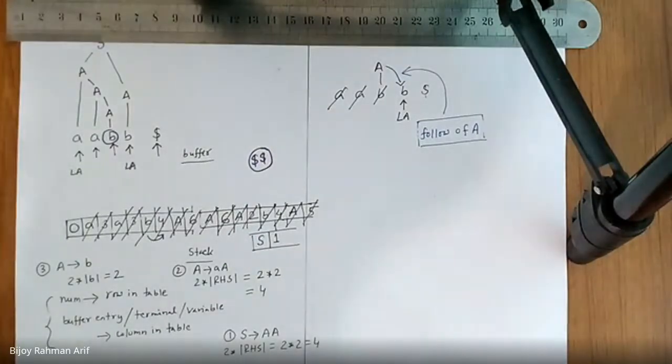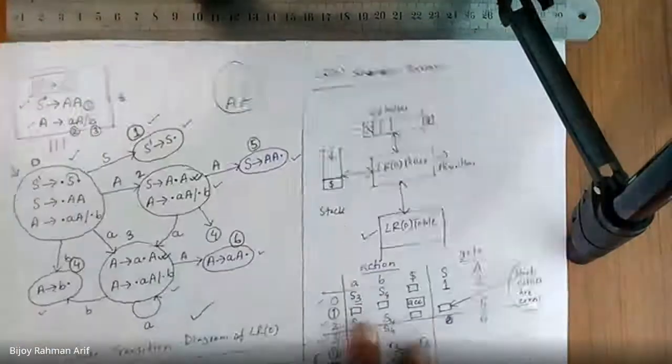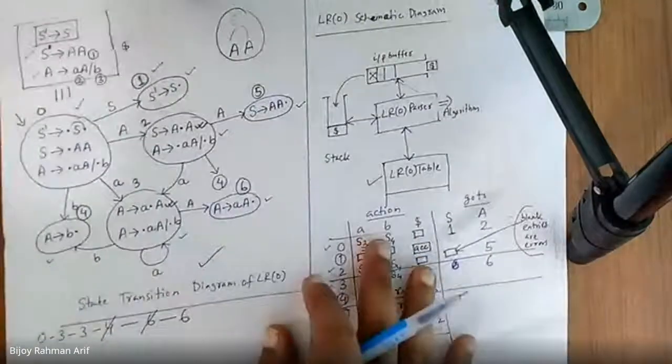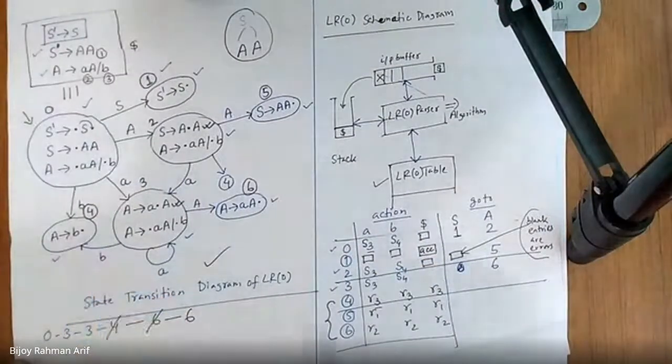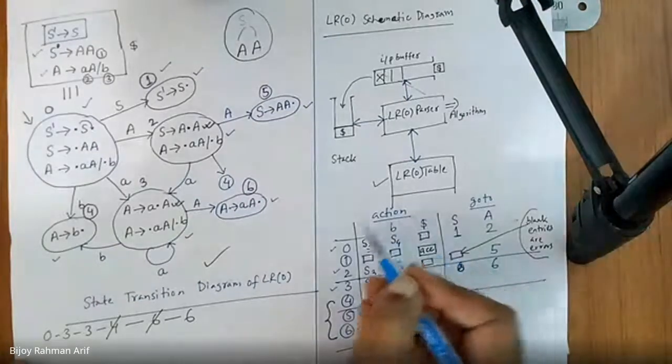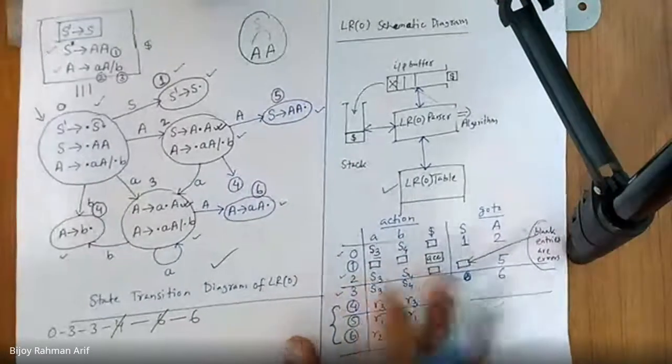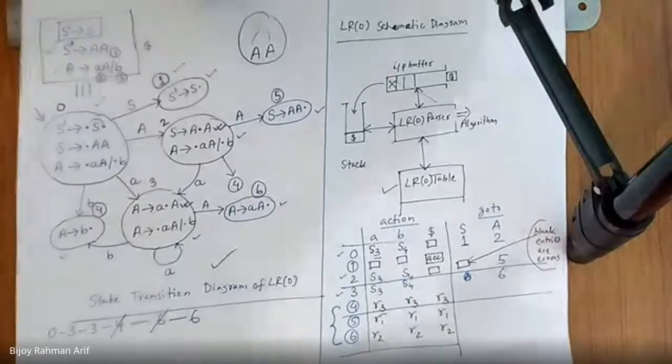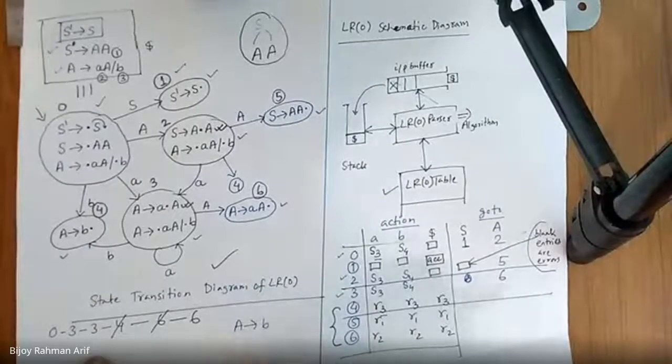Now let's go back to these entries. When I encounter rule number 3, A derives B, I put this reduction in all the terminals. Am I right? All the terminals. My production is like this: A derives B, and this is my rule 3 as well.